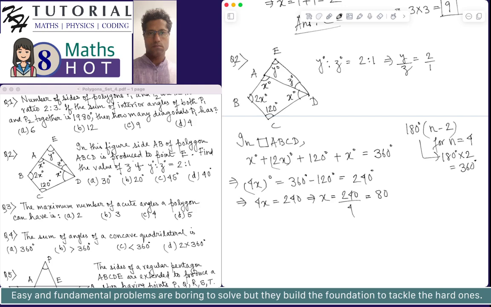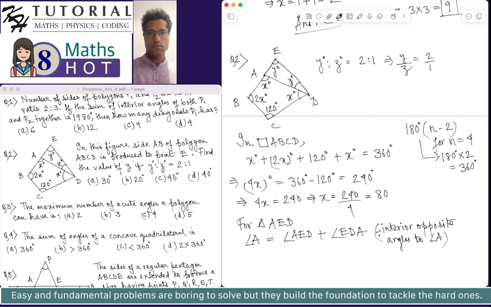Now we also see that for triangle AED, we see that angle A is an exterior angle, and its two opposite interior angles are angle E and D. Actually, in triangle AED, angle AED plus angle EDA are the interior opposite angles to the exterior angle A.